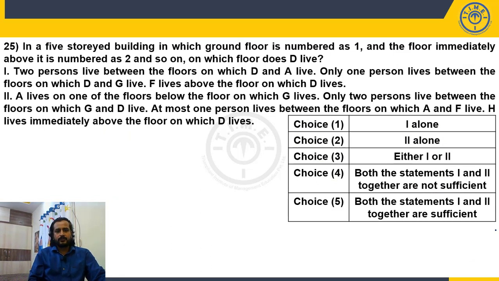In a 5-story building, in which ground floor is considered numbered as 1 and the floor immediately above it is numbered 2 and so on, which floor does D live? How many story building is it? 5-story building. 1, 2, 3, 4, 5. Let me take the possibilities.